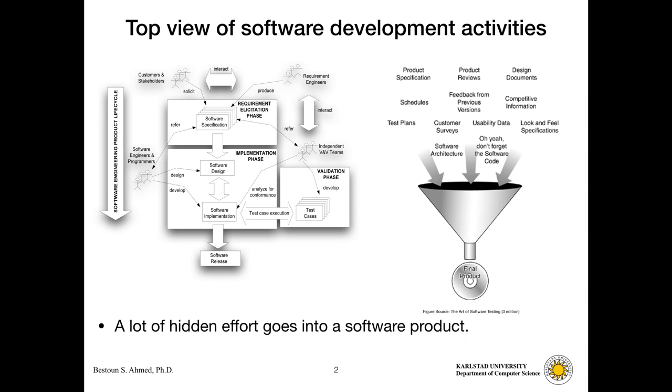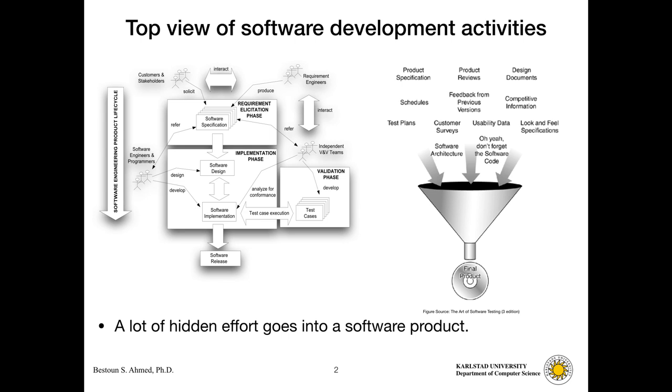But in general, these activities are comprised of requirement elicitation and then design and implementation. The requirement engineers are eliciting the requirements from the customers or from the users or from the stakeholders, and they are forming the software specification document.